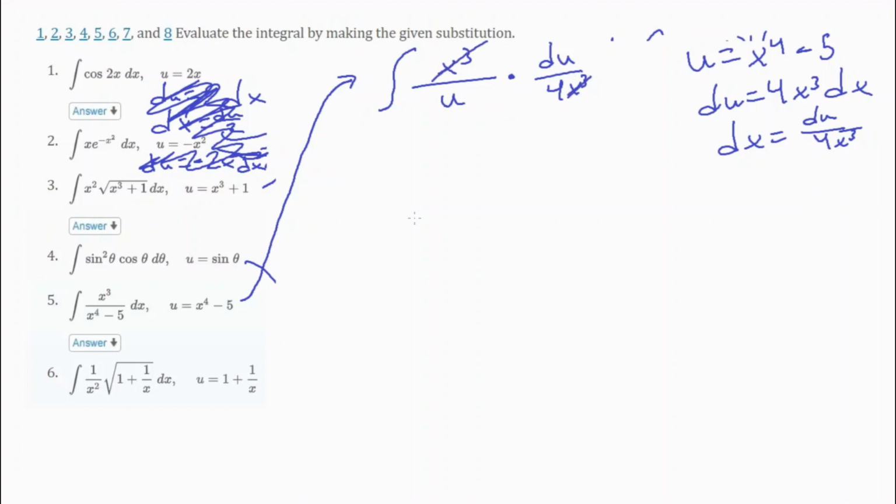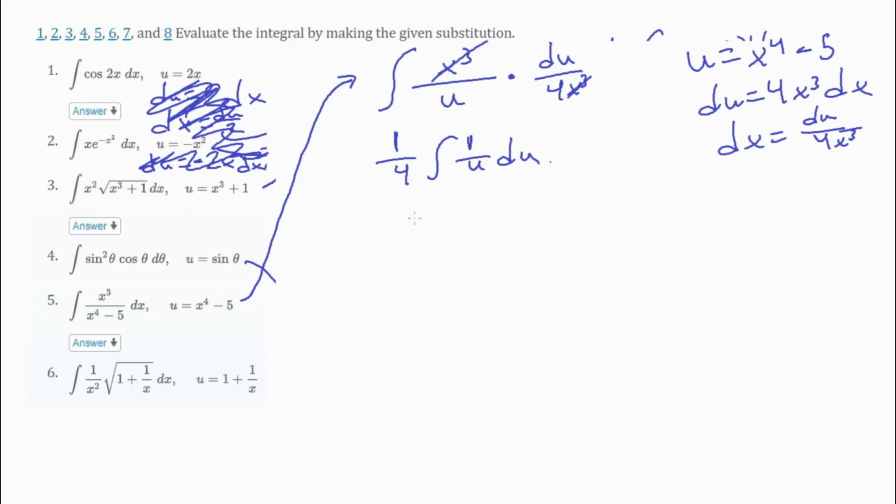And that means we have a 1 over 4, so we could bring it outside because it's a constant. We have 1 over 4 integration of, it would be 1 over u, but we could write it as u to the negative 1 power. Or rather, we could actually leave it as 1 over u. You'll see why later. So 1 over u and du.